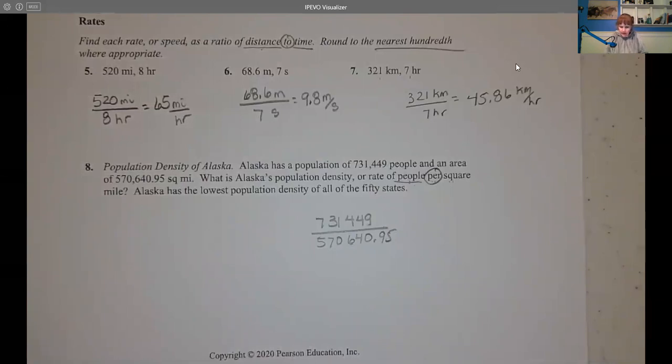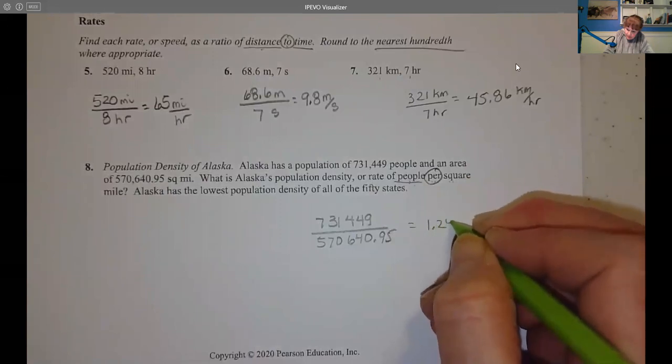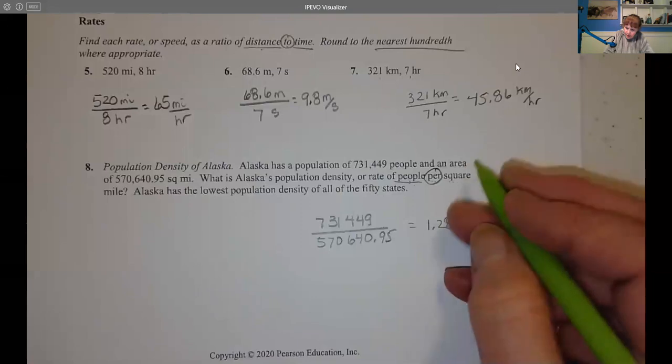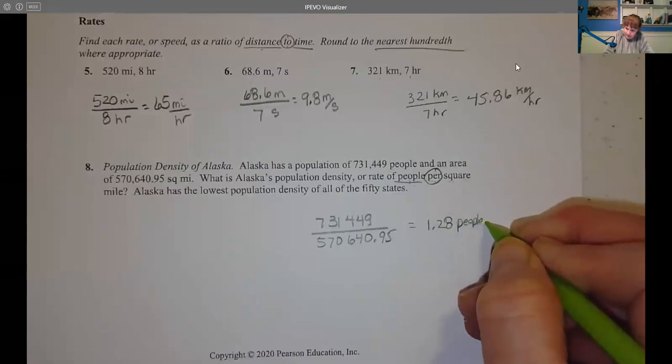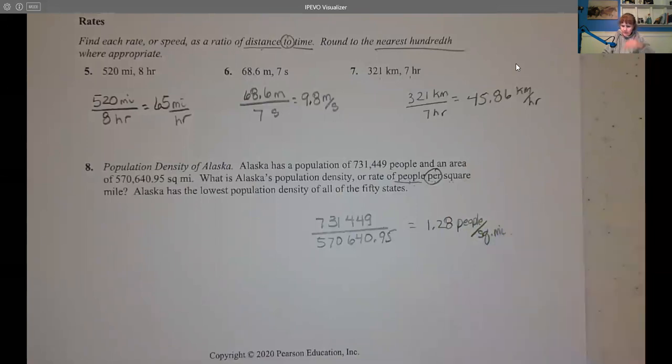So roughly 1.28 people per square mile, rounded off to the nearest hundredth. I should look and see what Wyoming's is. But that's Alaska, 1.28 people per square mile.